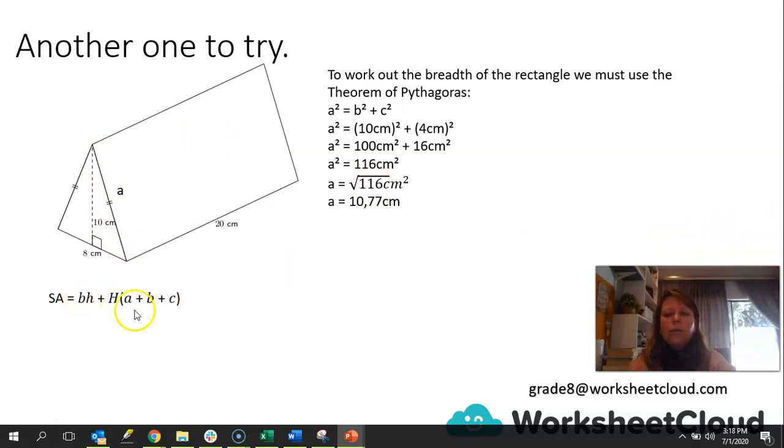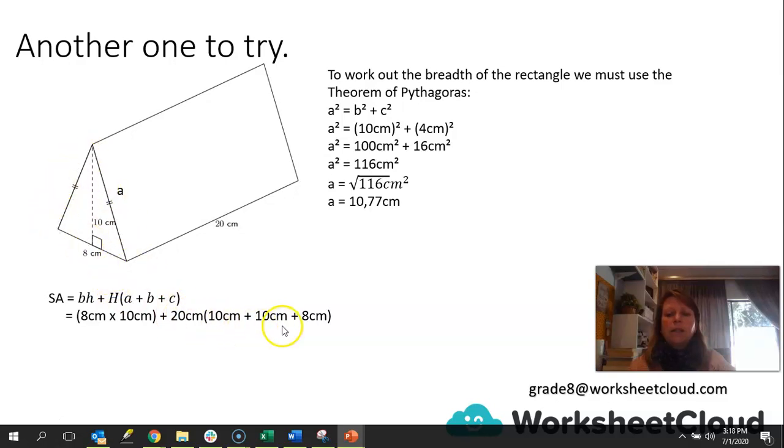There is our formula. A is now 10,77. That side is the same, but this side would be different. So we've got 8 centimeters times 10 centimeters, because that will give us the area of our triangular base. And then our height is 20 centimeters, and we multiply that by that side plus that side plus that side.